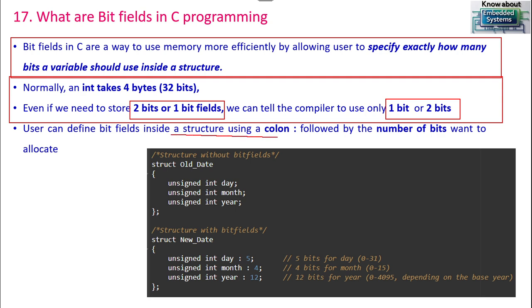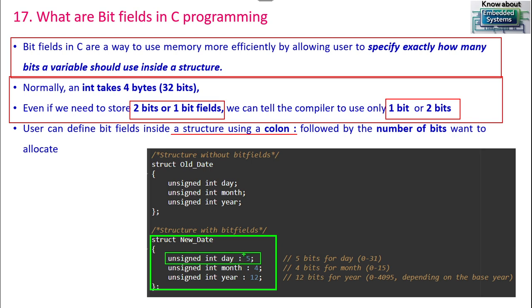What is the syntax to define these bit fields? Very straightforward. We have to use a simple colon, that is what we have used here at the bottom. If you see here, we use unsigned integer, the variable name is day, followed by colon followed by 5. 5 indicates how many bits you're going to use.